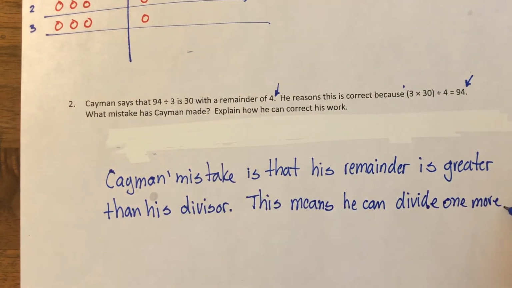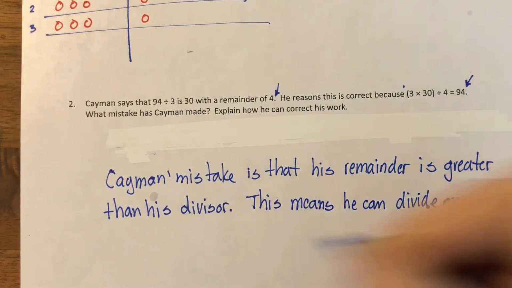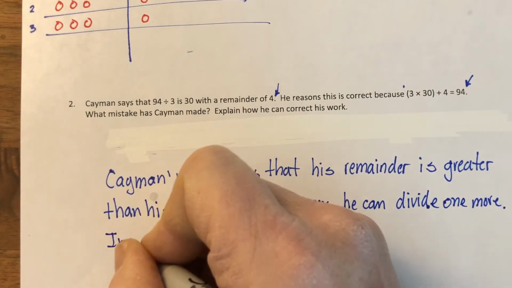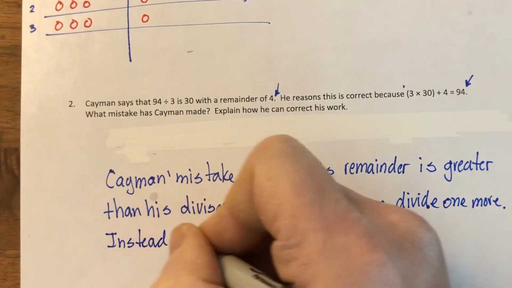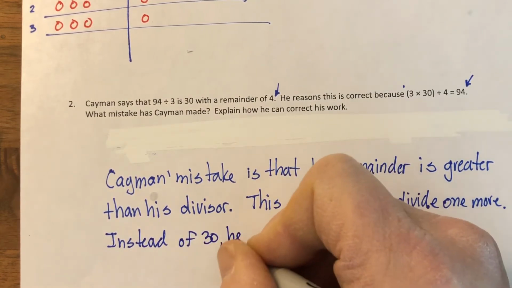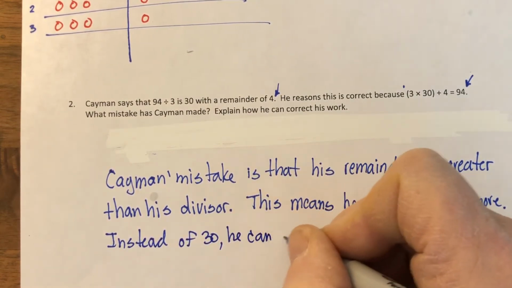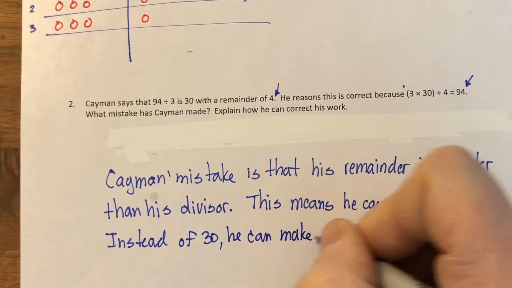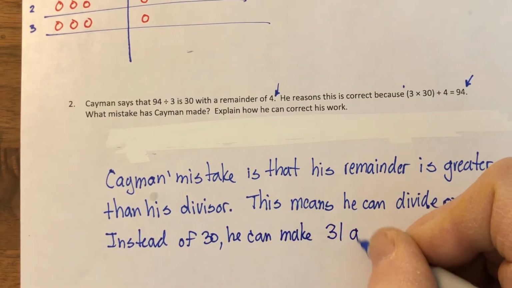So just one more, I guess. Instead of 30, I'm sorry, of 30, he can make 31 groups.